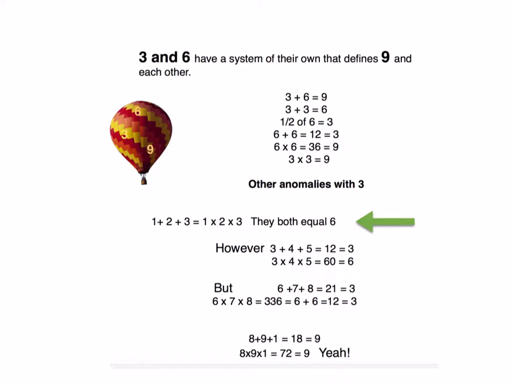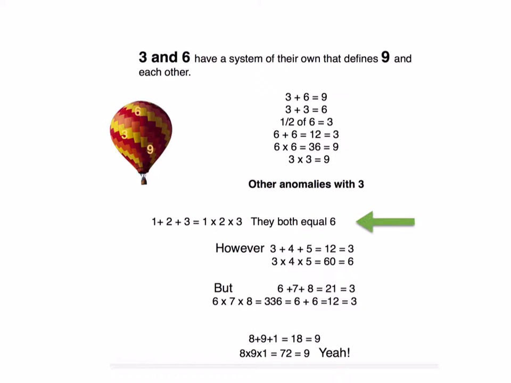And there are other anomalies with 3, 6, and 9. One of them is, this is kind of fun, 1 plus 2 plus 3 equals 1 times 2 times 3 in this system, because they both equal 6.